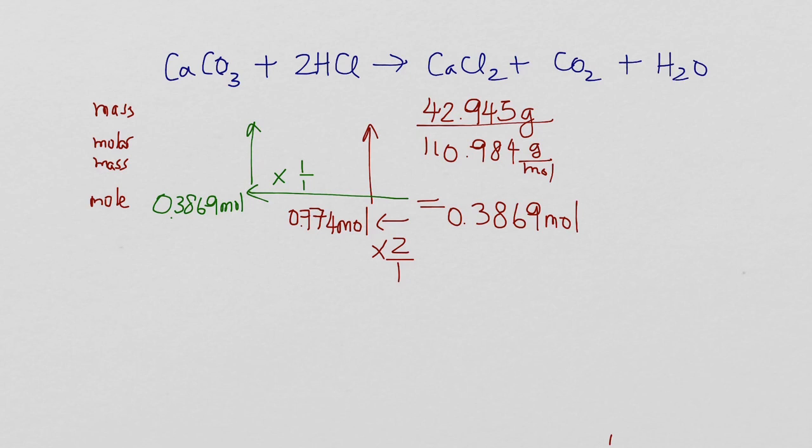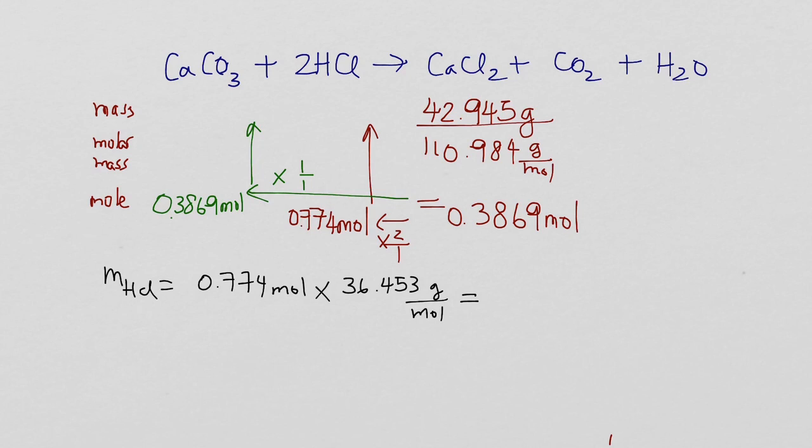So now that we have the moles, we can calculate the mass of each reactant we need. So mass of HCl is equal to the moles of HCl, 0.774 moles, times 36.453 grams per mole. That is equal to 28.2 grams.